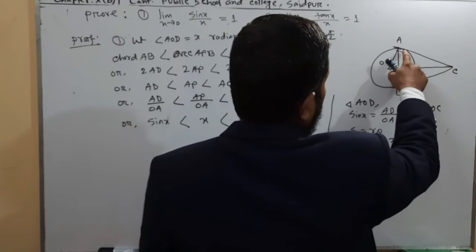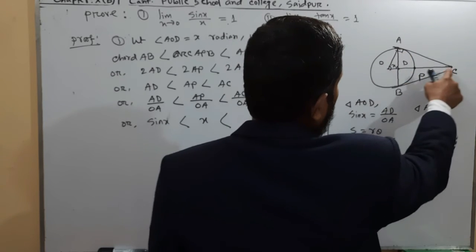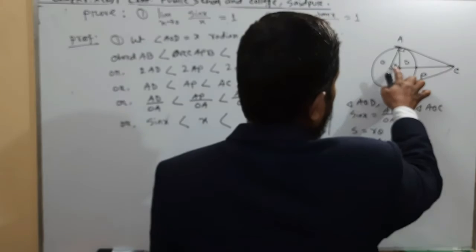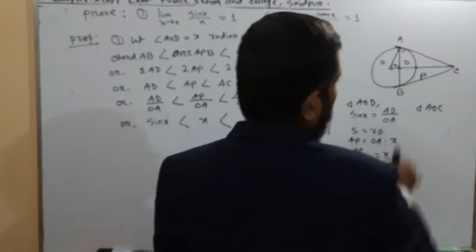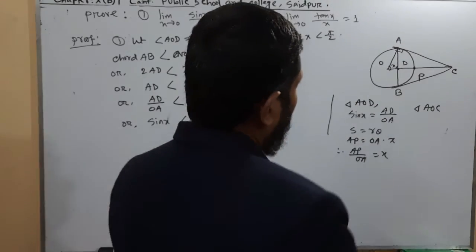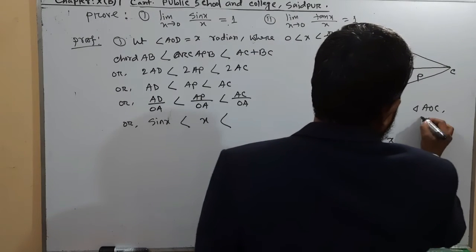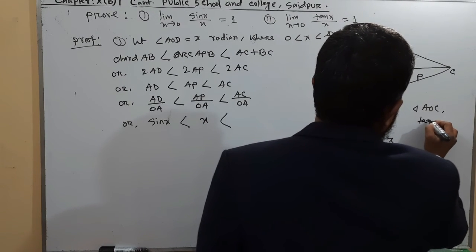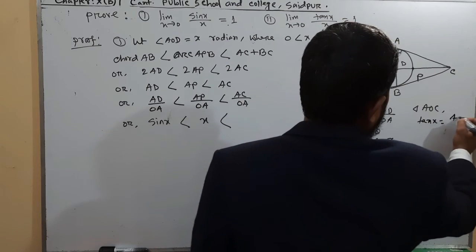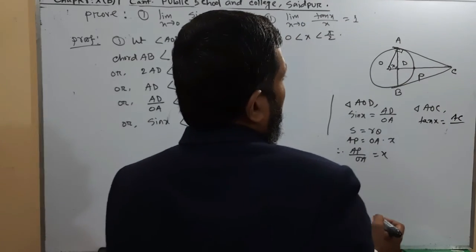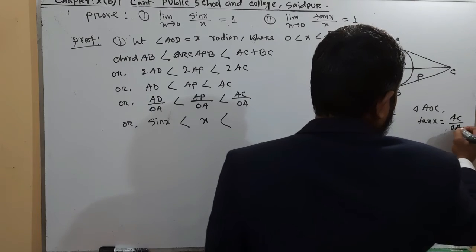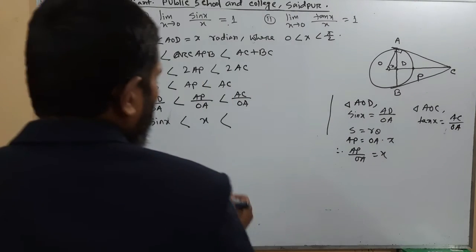The opposite of angle 90 degree here, OC, will be the hypotenuse, and opposite of angle x here is AC, that is perpendicular. Here for tan x we know opposite, here AC, and base, that is adjacent, here OA. So tan x is AC by OA.